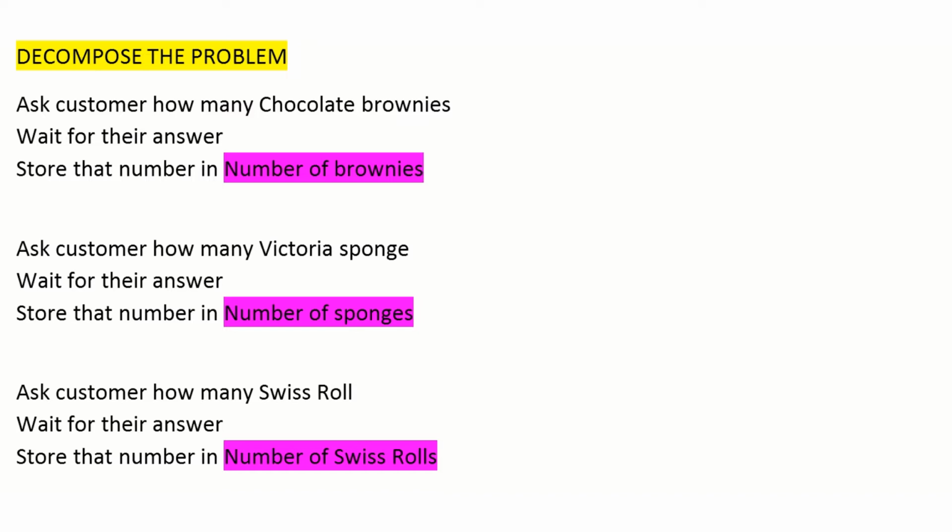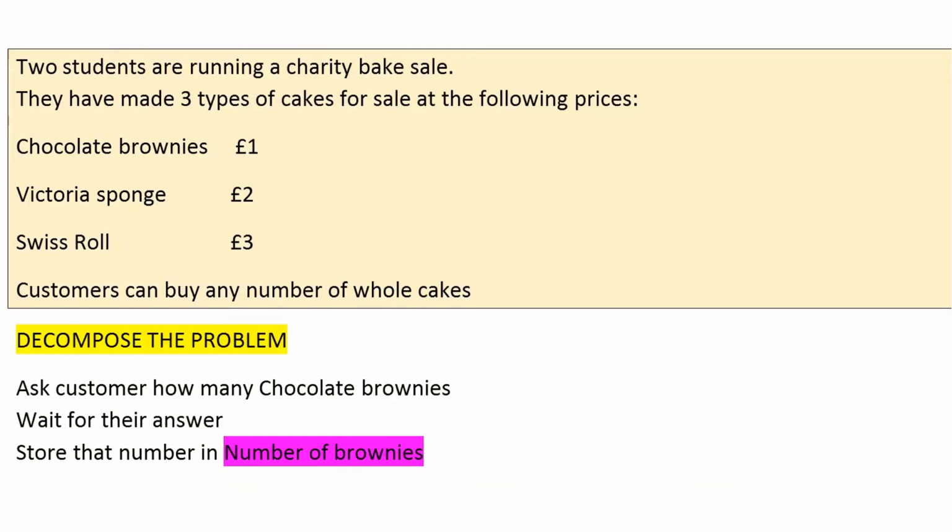And we've made the restriction that they can only have whole cakes. So that number that we store in number of brownies, or number of sponges, or number of Swiss rolls is going to be an integer. Looking back at the prices, we can see that chocolate brownies are £1, Victoria sponge are £2 and Swiss roll are £3.